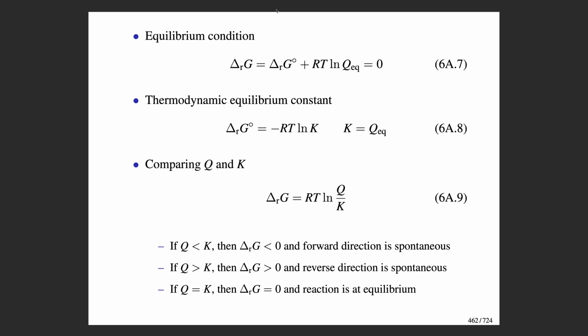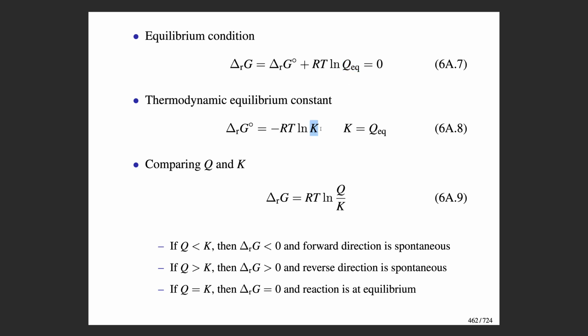At equilibrium, delta G equals 0 by definition. So we set the expression here equal to 0. We can rearrange it. What happens to the reaction quotient? Well, if you make the equilibrium conditions, then you would have to specify that this is the reaction quotient for equilibrium conditions.